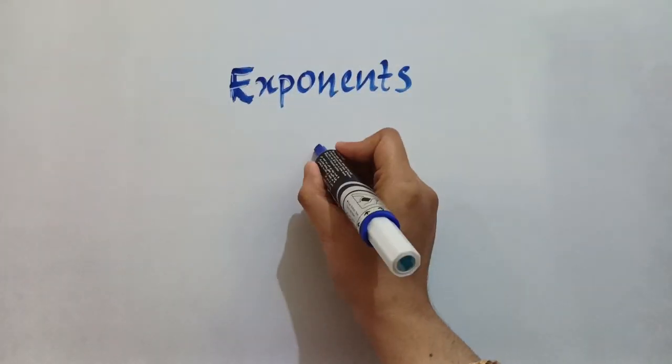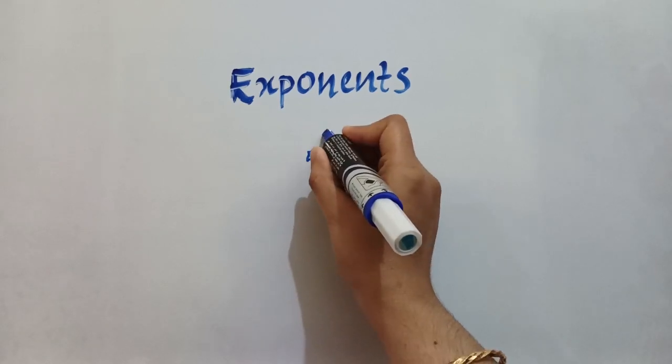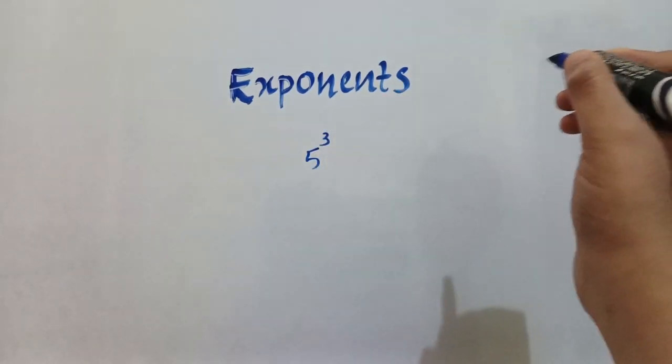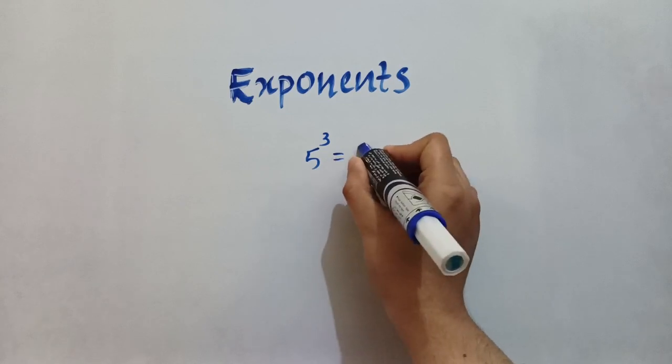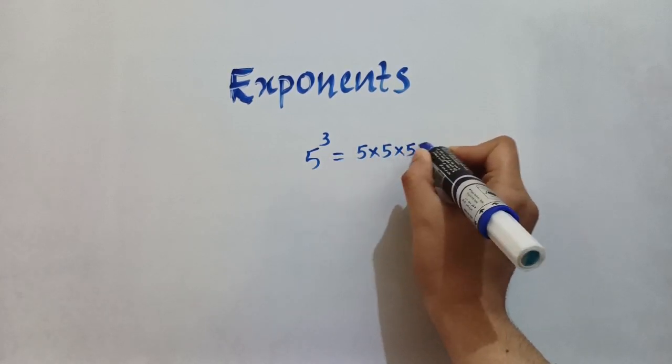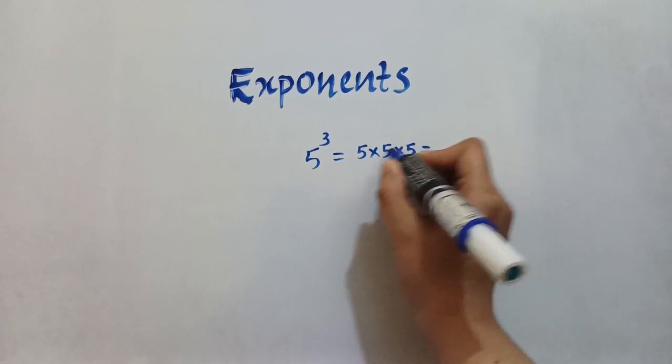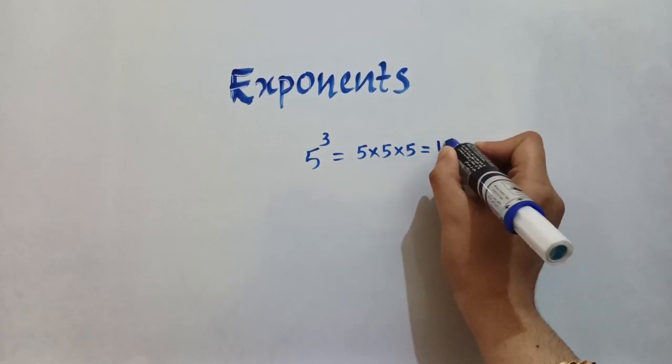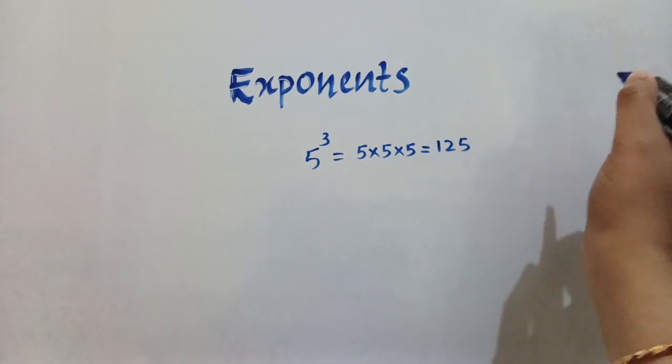Next, we can look at another example, 5 raised to 3, which is equal to 5 into 5 into 5, which is 5 into 5, 25, 25 into 5 is 125.